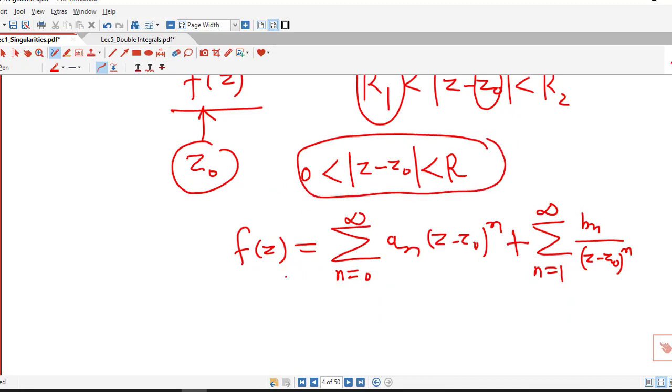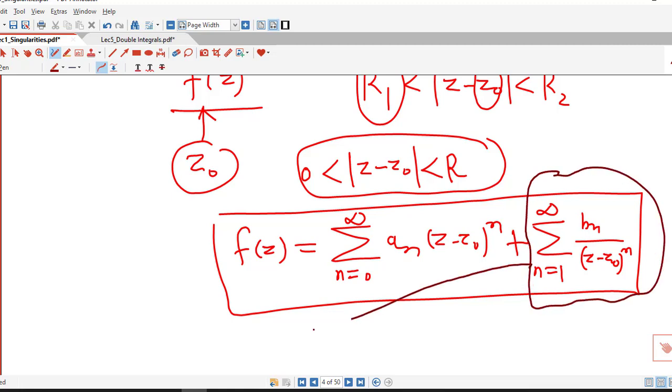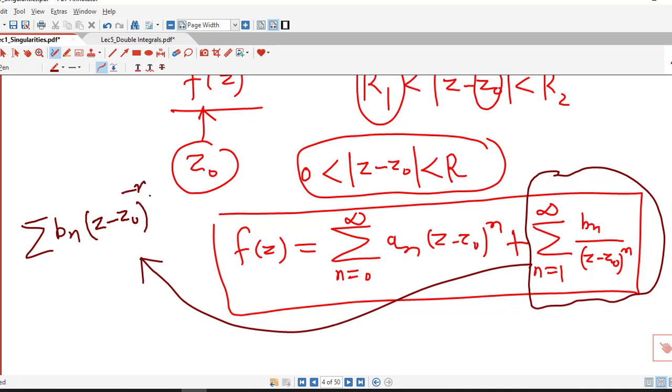Now, depending on the Laurent series representation, we can define different isolated singularities. Isolated singularities depend on the part of the Laurent series which contains negative powers of z - z0. This we can rewrite as the sum of b_n (z - z0)^(-n), n equal to 1 to infinity.